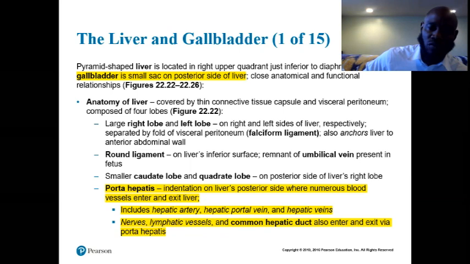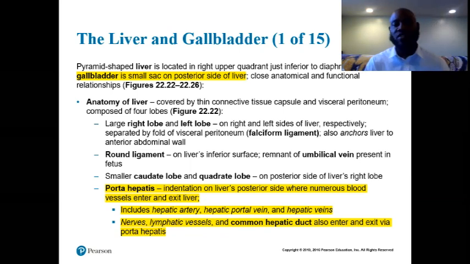You have this round ligament on the liver's inferior surface, a remnant of the umbilical vein. Then you have the two smaller lobes, the caudate lobe and the quadrate lobe, on the posterior side of the liver's right lobe. All right, so you have those 4 lobes.